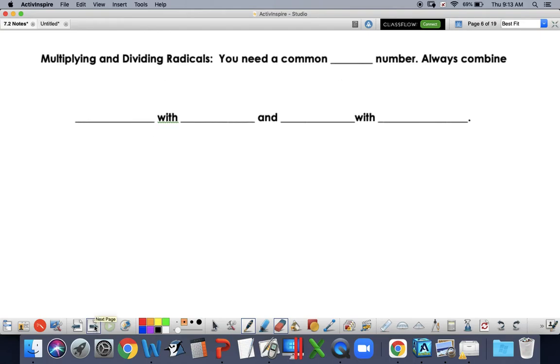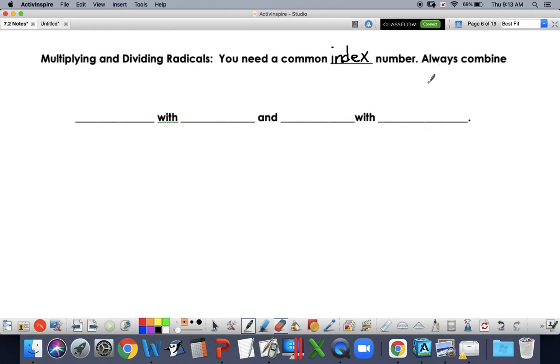All right, let's get into some of these rules for multiplying and dividing. Like I said, we're going to do these first. You need a common index number. You need a common root. If you do not have a common root, you are not allowed to follow these rules.